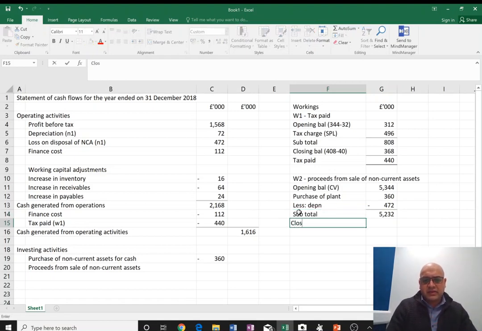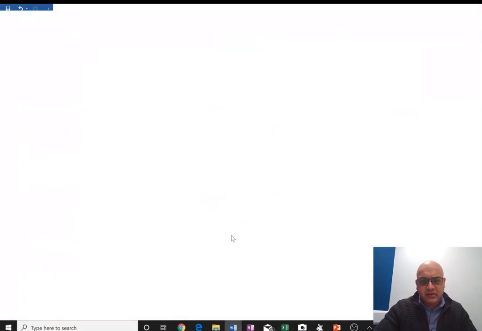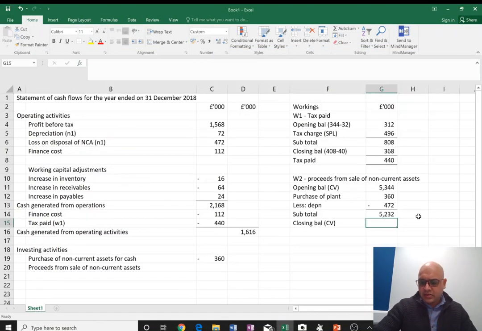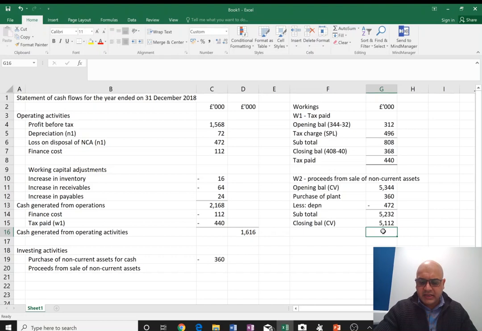Comparing it with the closing balance carrying value, which is 5,001. Okay, and the difference that we'll find is disposal.